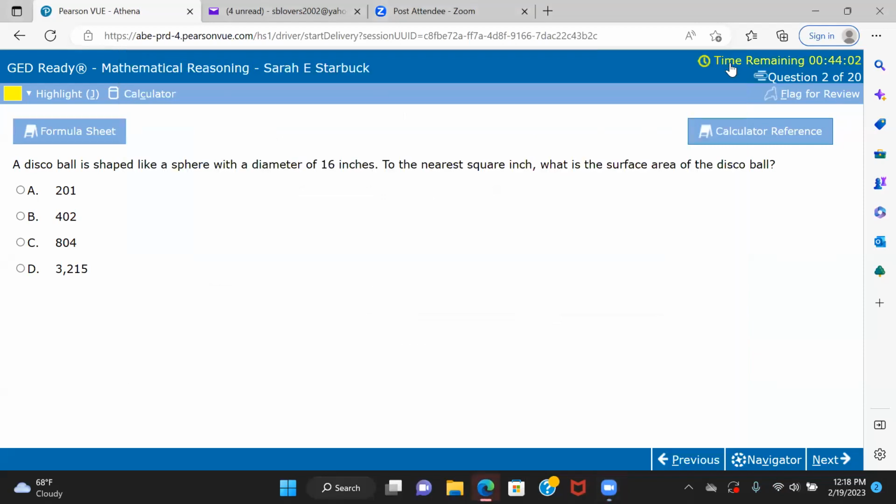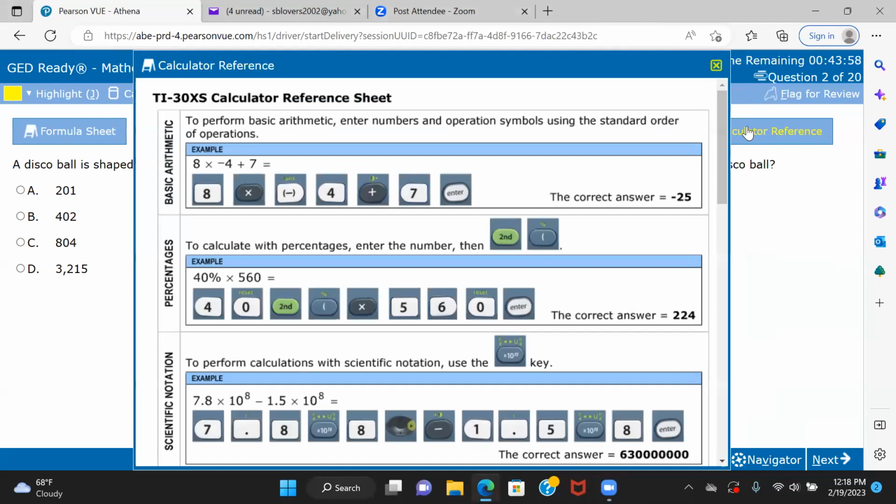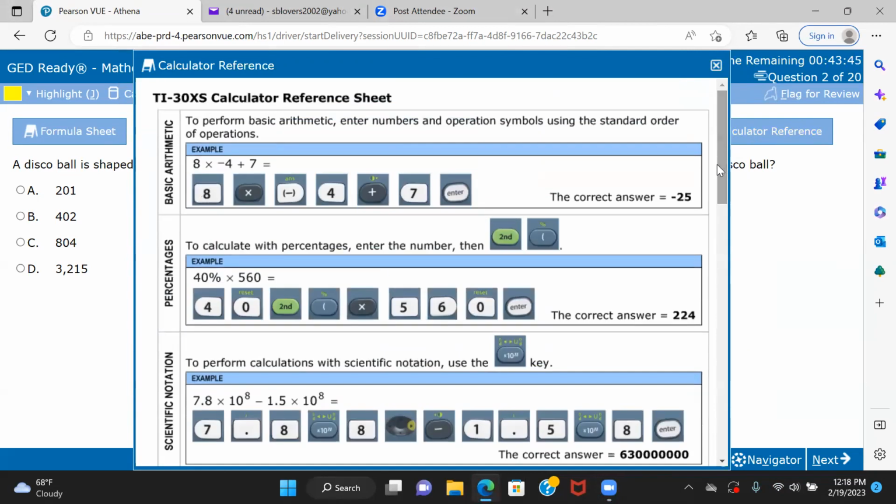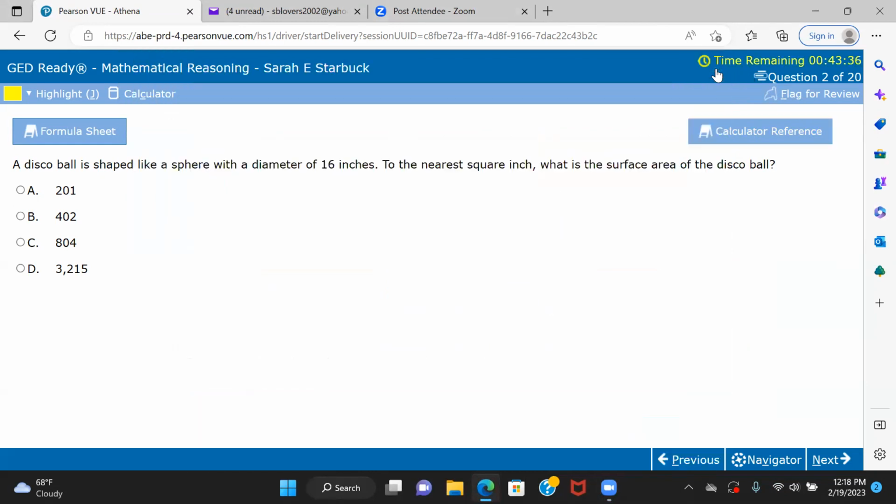Oh no, they just give you the reference. So the TI-30XS calculator is what they're recommending. It's a fairly inexpensive calculator, but it will help you quite a bit to be able to answer a question like this one. Essentially you want to enter it in the order that I just went through.